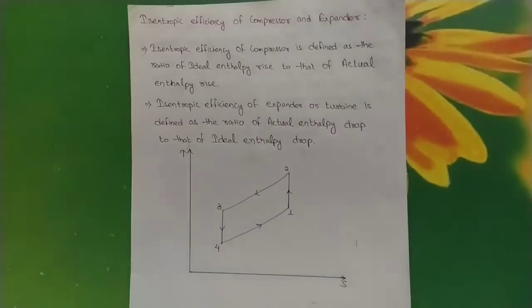These frictional losses make the process irreversible. So there is an entropy generation in both the processes, compressor and expander. So what is isentropic efficiency of compressor? Isentropic efficiency of compressor is defined as the ratio of ideal enthalpy rise to that of the actual enthalpy rise.